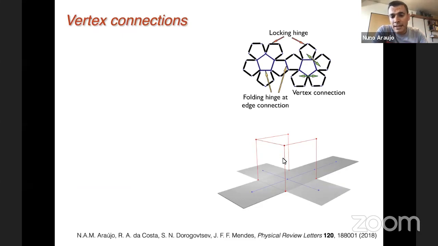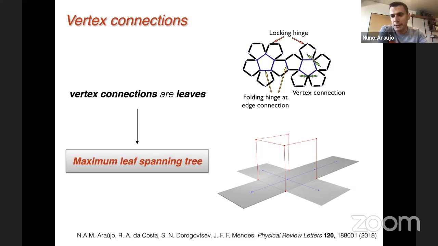And so it means that in terms of a cut graph, it is a node that only has one cut, only has one link connected to it. And in graph theory, this is what we call a leaf. So a leaf is a node with degree 1, with a single connection. So looking for the spanning tree that maximizes the number of leaves is looking for what is known as the maximum leaf spanning tree.